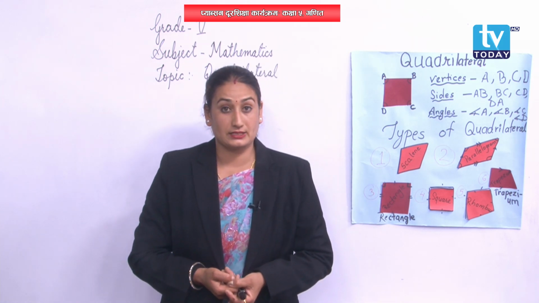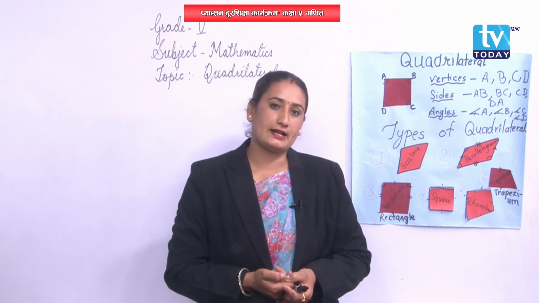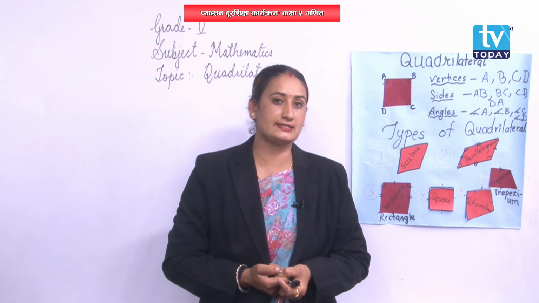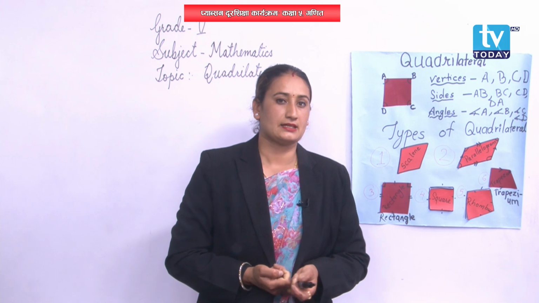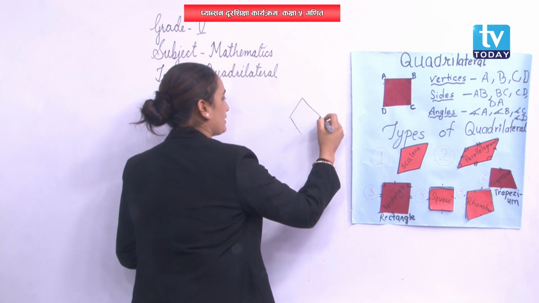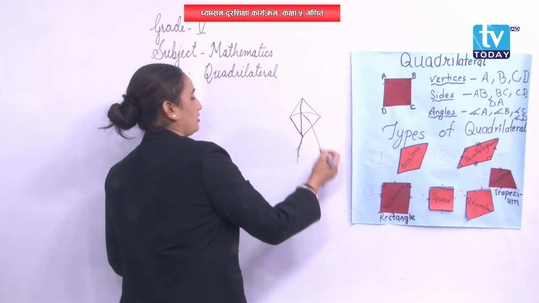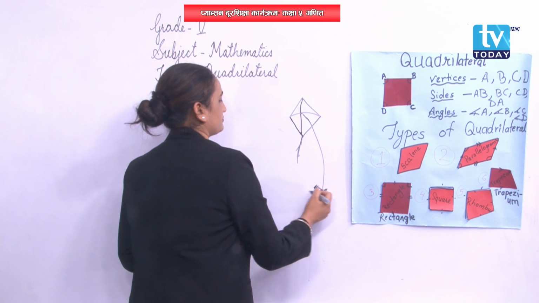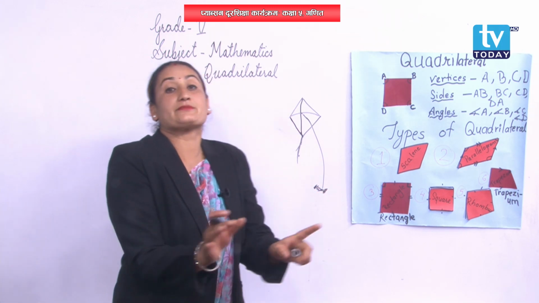So, students, while you are flying kites, kites also have four sides. Have you noticed? Yes. Okay, this is my kite. I am flying it in my sky. See everybody, this is my kite, right? Okay, students, see, this is my kite.